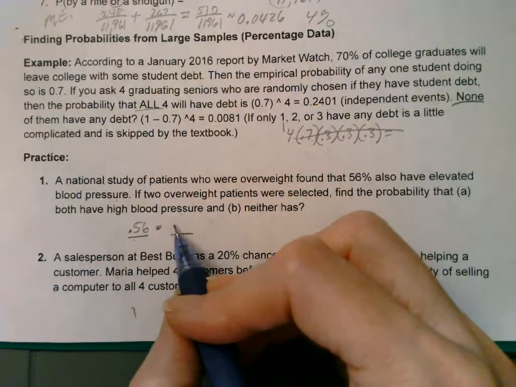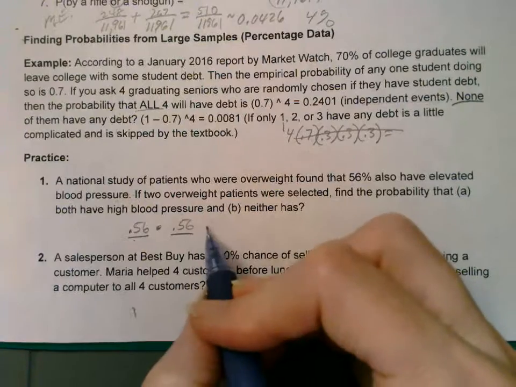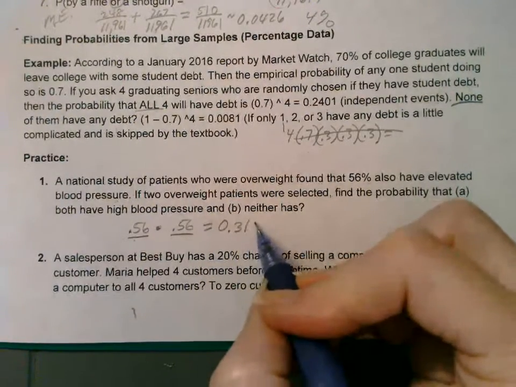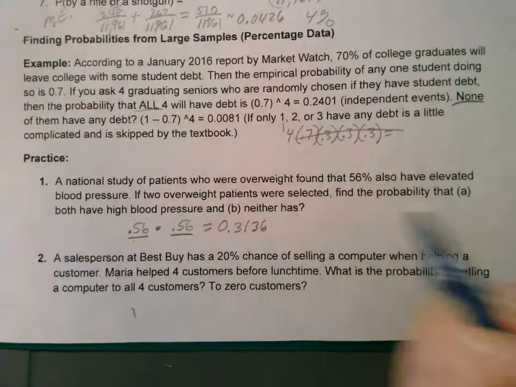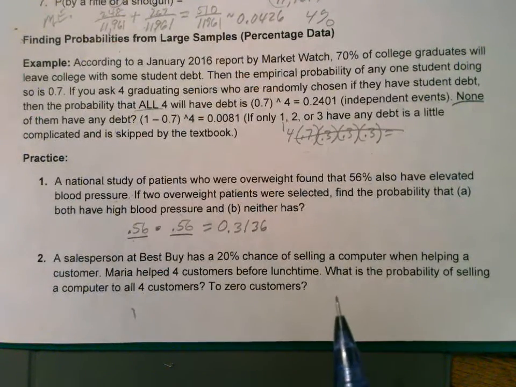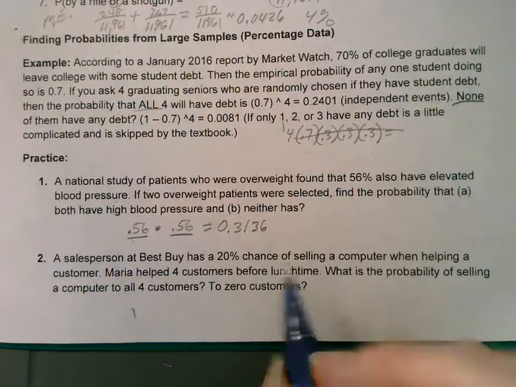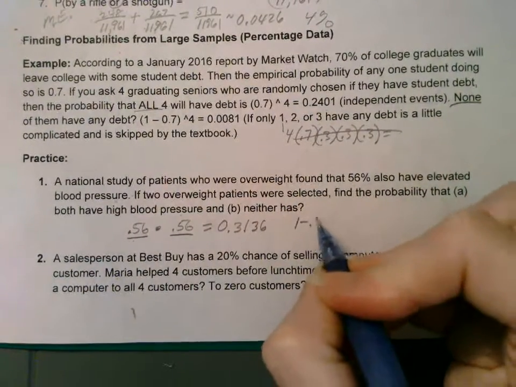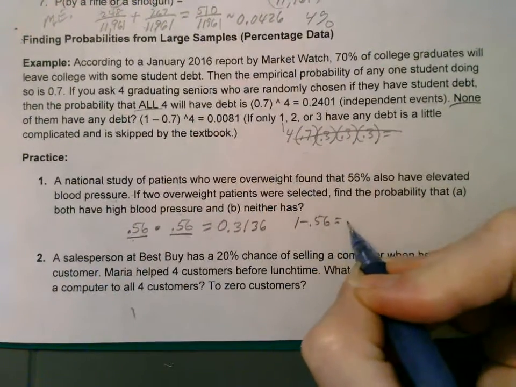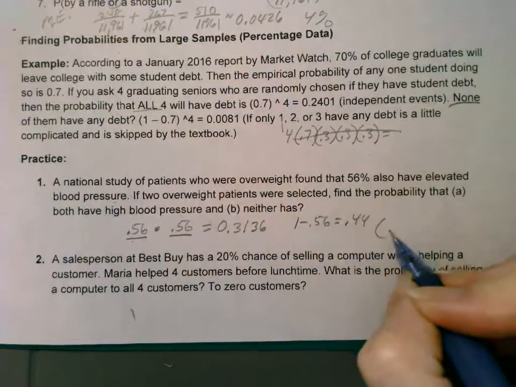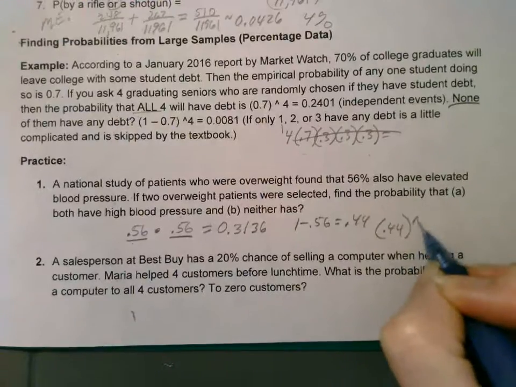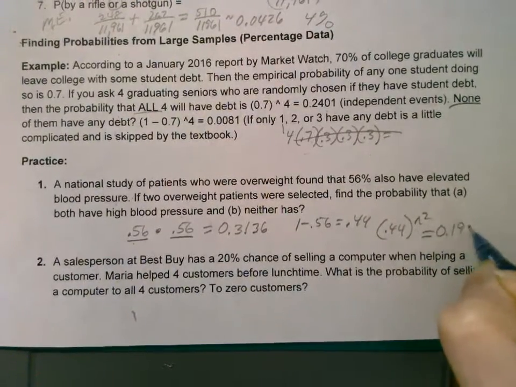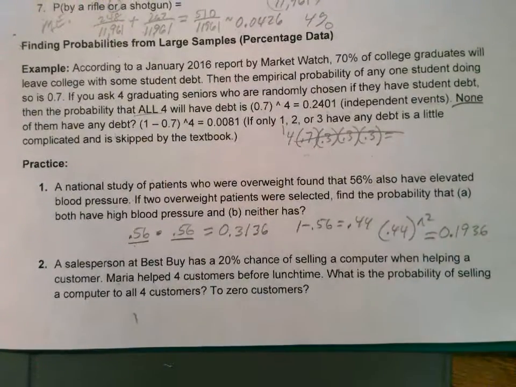We have 2 people, so you can square it or just multiply it by itself for the probability that 2 people have high blood pressure. And then neither have: 1 minus 0.56 equals 0.44. So the probability that neither has is 0.1936. Okay.